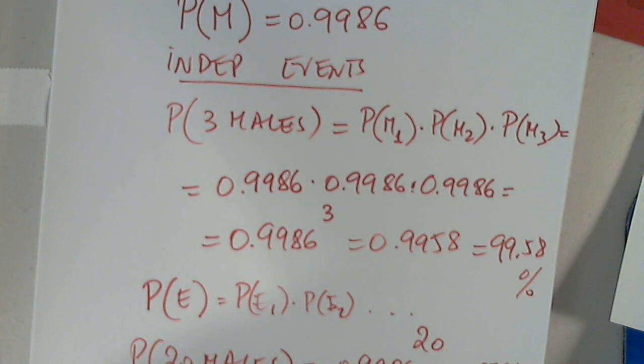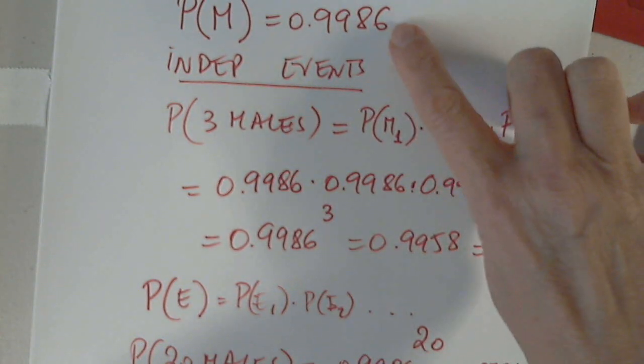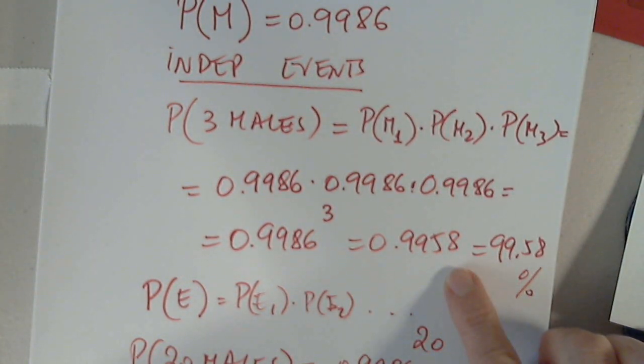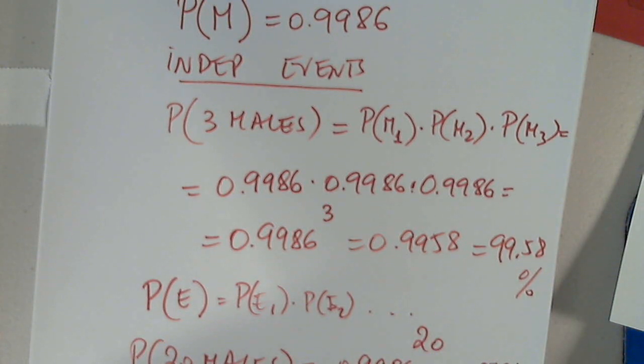The higher the power, the lower the probability, because now I put more strain on the probability. I want more and more and more people. So for 1 is 0.9986. For 3 goes down to 0.9958. For 20 it goes even further down to 0.9724.